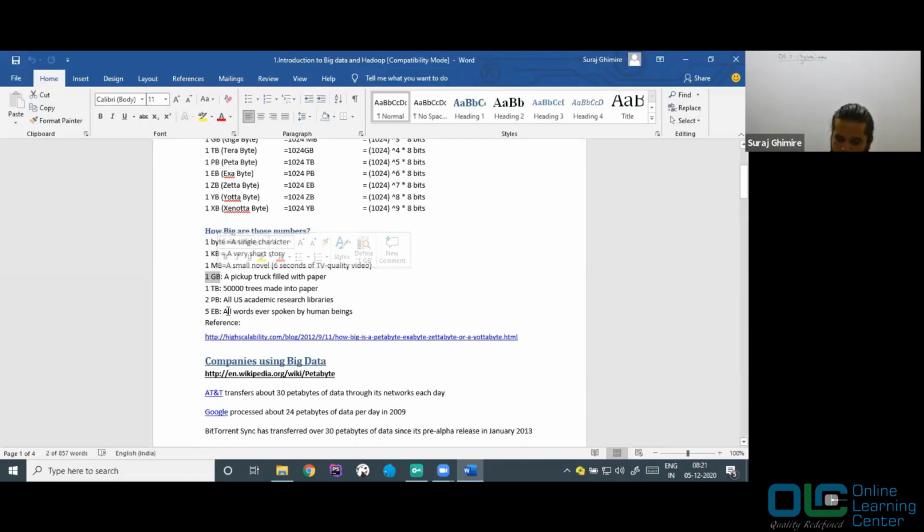2 petabytes is all the US academic research libraries, and 5 EB is all the words ever spoken by human beings on earth. So that means people are speaking a lot of words throughout the world. That's how you can classify the data. If somebody says I have 1 MB of data, you can think, okay, maybe a PDF kind of size.